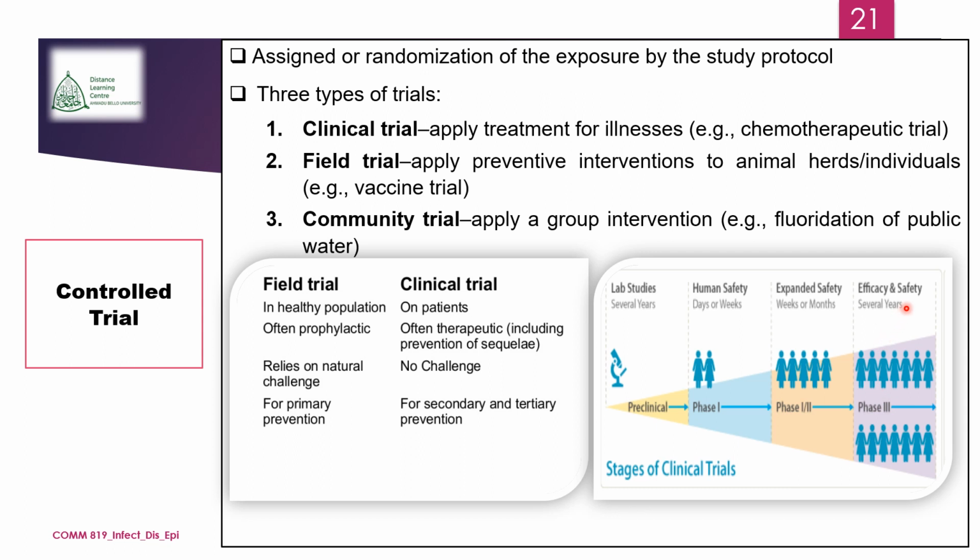Then efficacy and safety usually takes several years. There is the phase three, okay, to ascertain its effectiveness and safety, okay, before it is eventually released to the public. Okay, so this is the general stages of clinical trial of any intervention, whether be it vaccine or drug. Okay, all right.